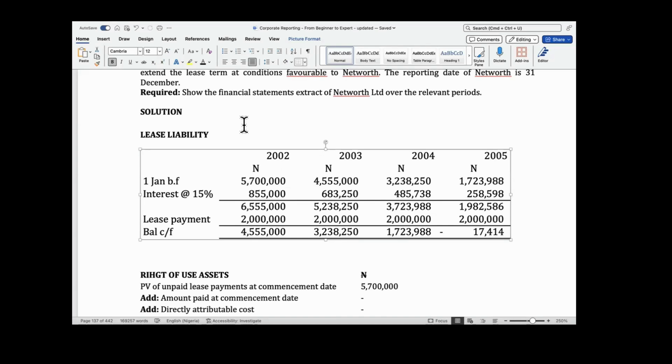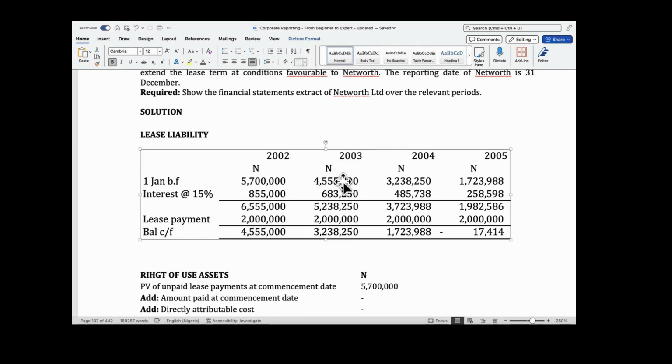If we add these two together, it gives 6,555,000. Then he makes his lease payment of 2 million. That brings it down to 4,555,000. He will carry forward this to the next year.